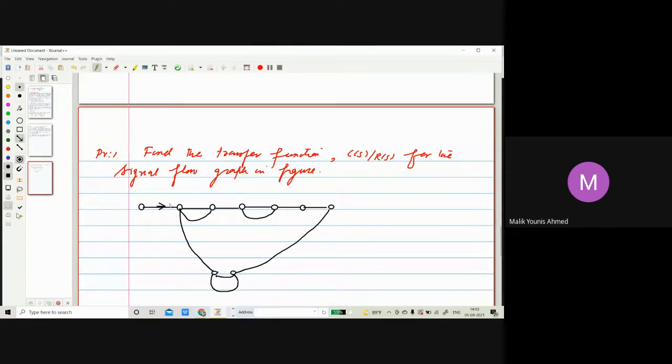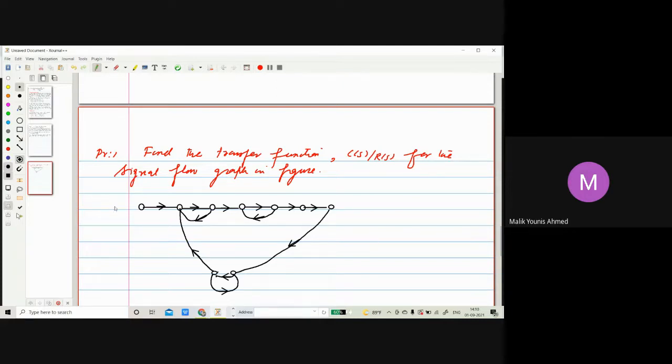This is one. Okay, these are the arrows.